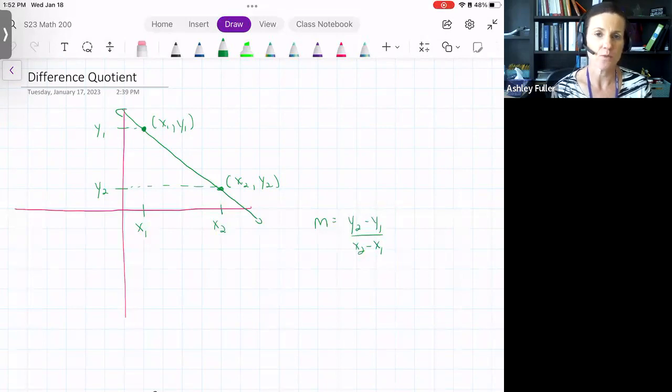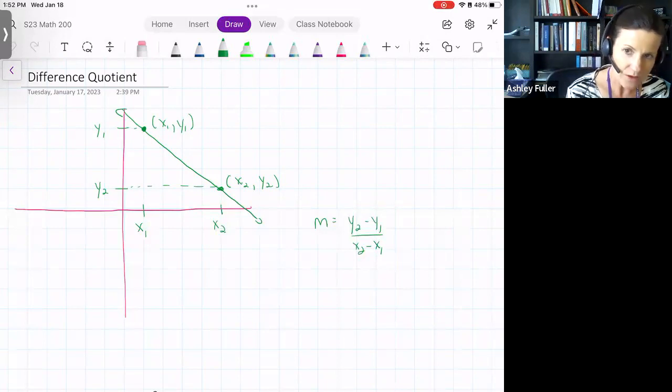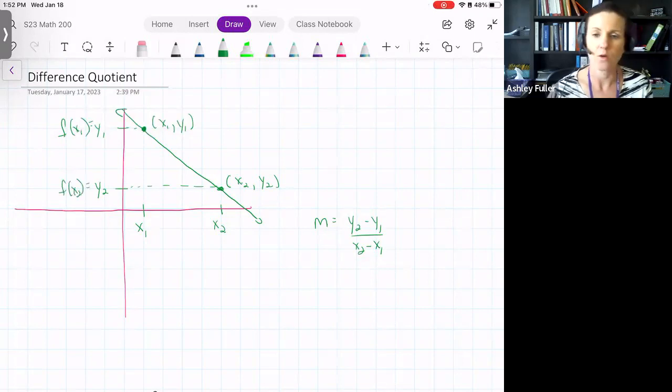We know that if we have 2 points on a graph, we can use those 2 points to find the slope. Note on a graph that the y values can also be defined as f of x values. Remember, f of x is just a fancy way of saying y.